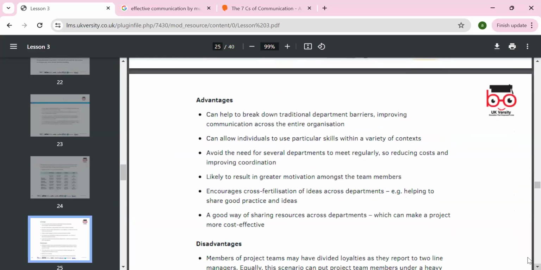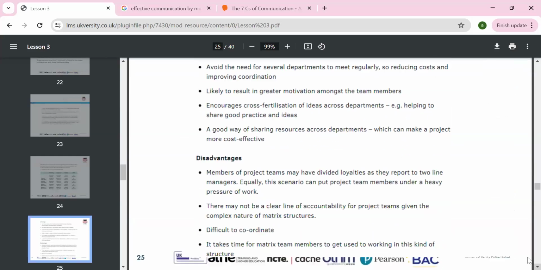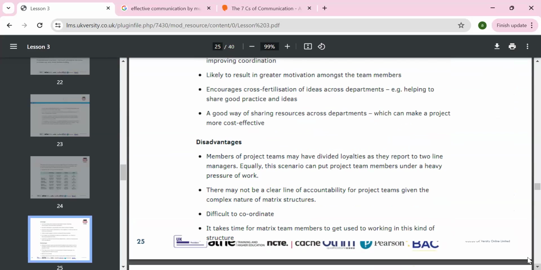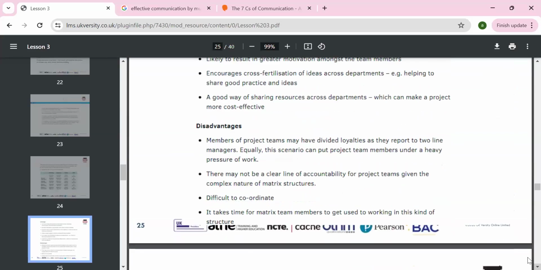Can we break down the traditional department barriers, improve communication, and allow individuals to use and avoid the needs of the several departments, encouraging cross-fertilization if we can? A disadvantage is that sometimes a member of the team has divided loyalty, and there is no clear accountability because they carry on moving around.